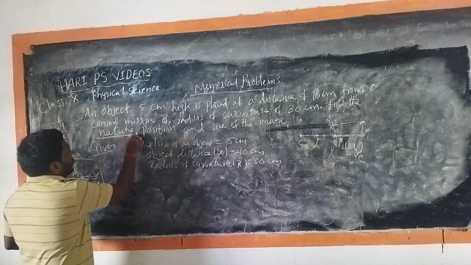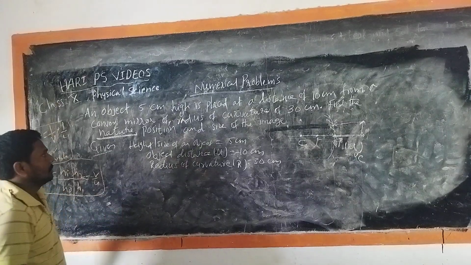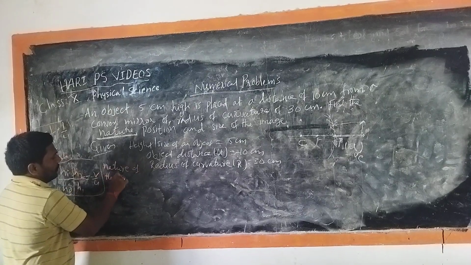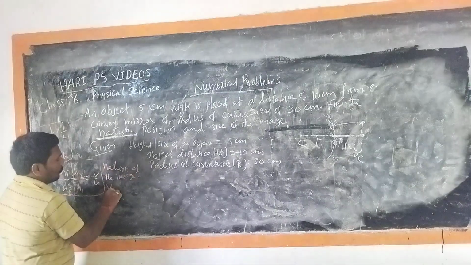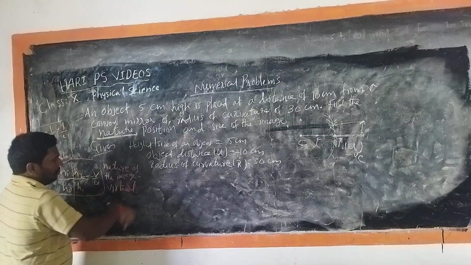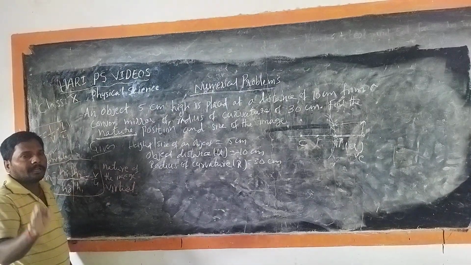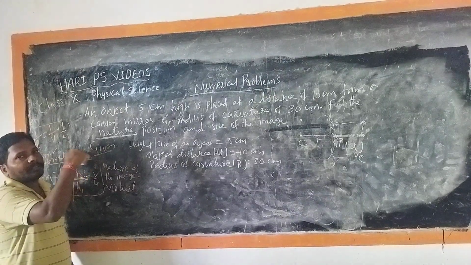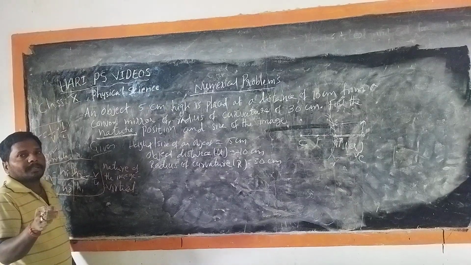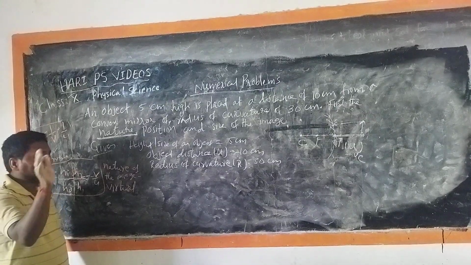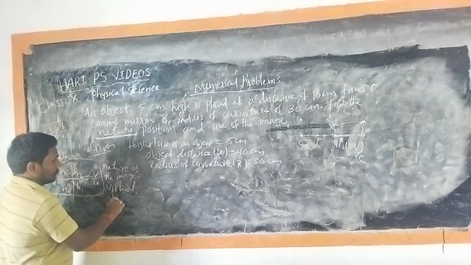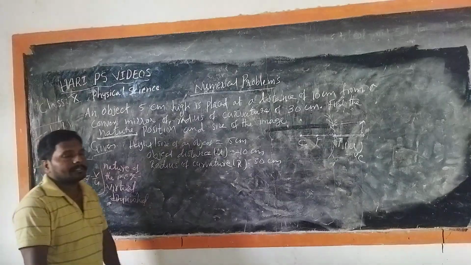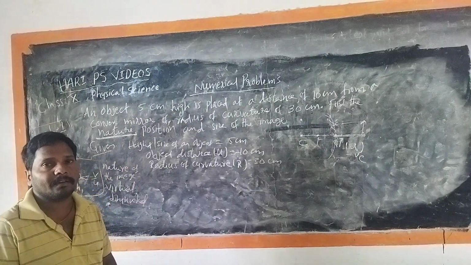The nature of the image, we know, is virtual, because a convex mirror always forms virtual images, wherever the position of the object is. It is also diminished, that is, the size of the image is less than the size of the object.